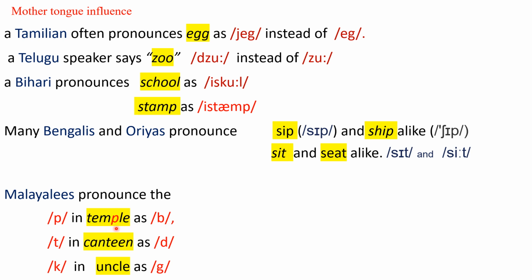And in canteen, in the place of t, they pronounce a d sound: canteen. And the k sound in uncle, they pronounce as g: ungle. So these are some examples of mother tongue influence on English.